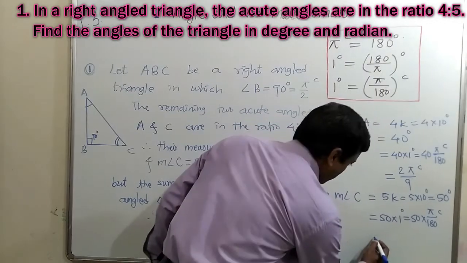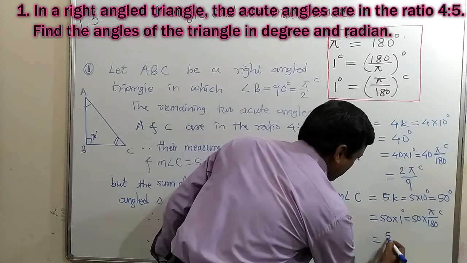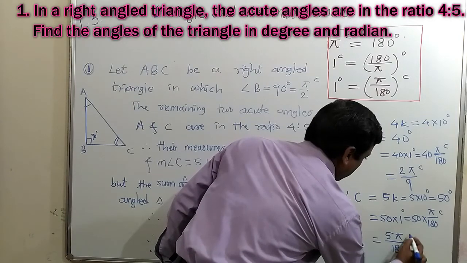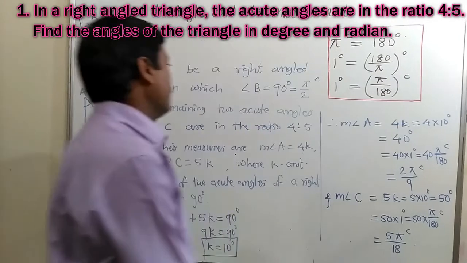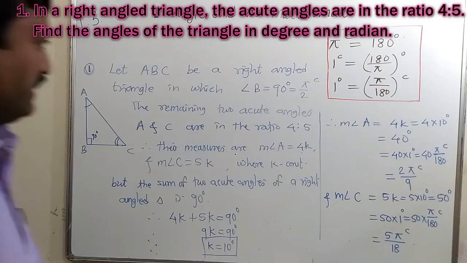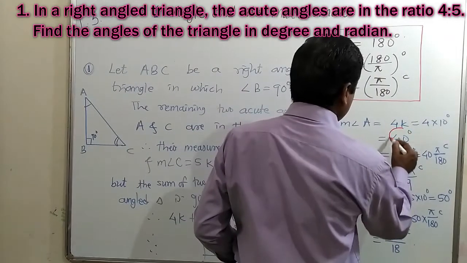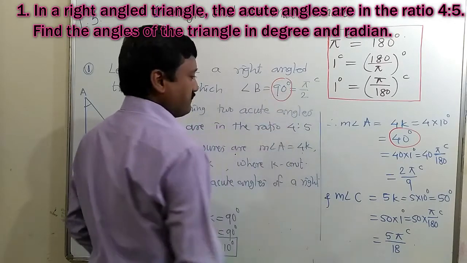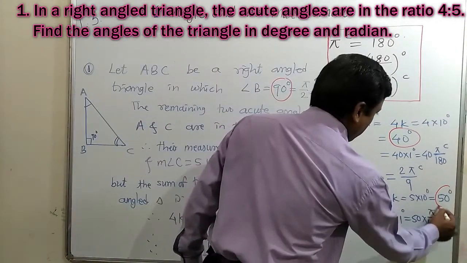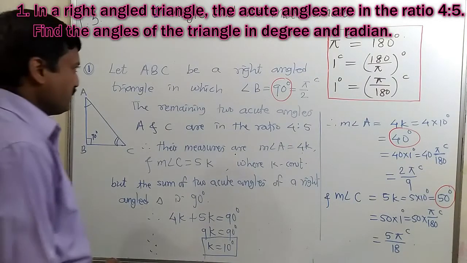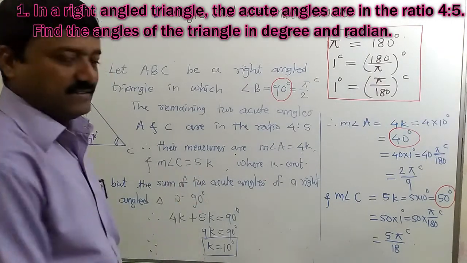Again cancelling the zeros, we get 5 pi by 18 radian. So in this example, the measures of the angles are: A is 40 degree, B is 90 degree, and C is 50 degree.